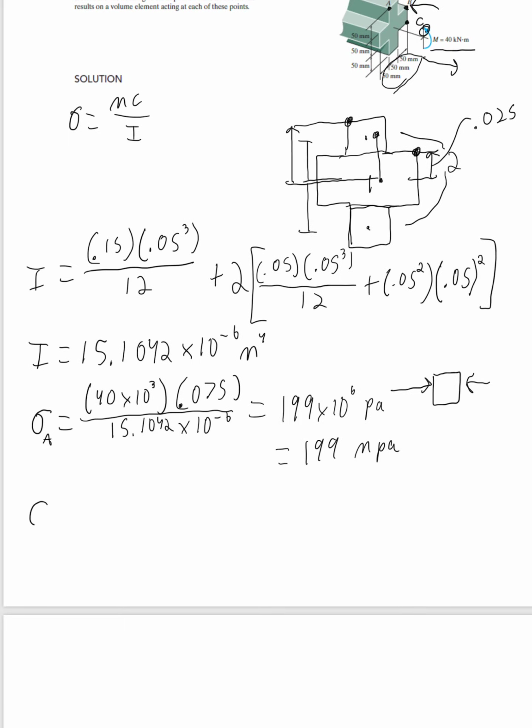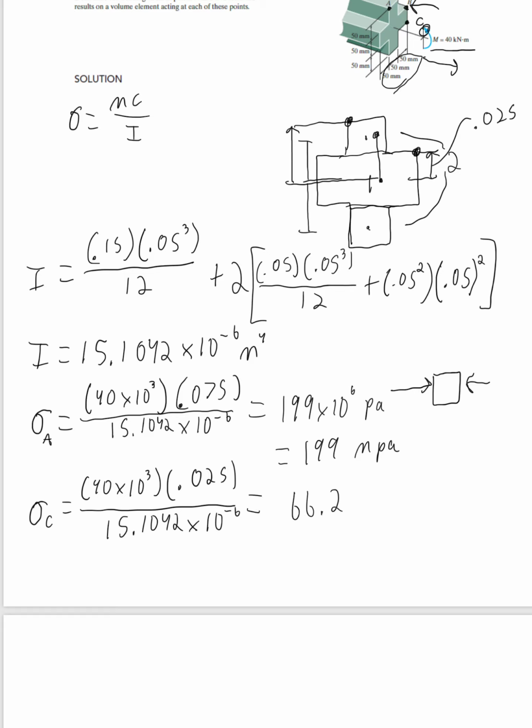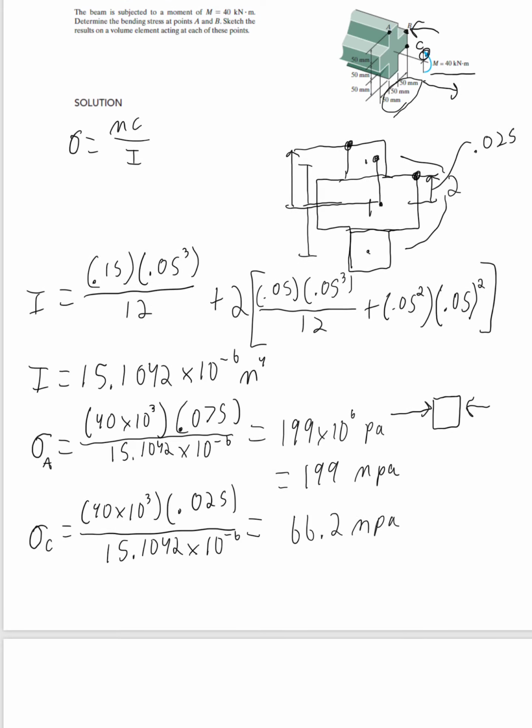So stress at B, we get 40 times 10 to the third, times C, which we said is 0.025, over the exact same moment of inertia, 15.1042 times 10 to the negative 6, gives us 66.2 megapascals, and that's above the centroid, so that's still in compression.